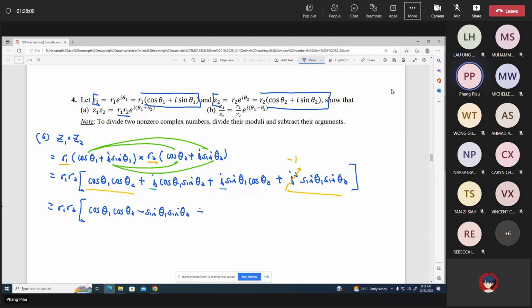Then this part here, I have my I times (cos theta 1 sin theta 2 plus sin theta 1 cos theta 2).